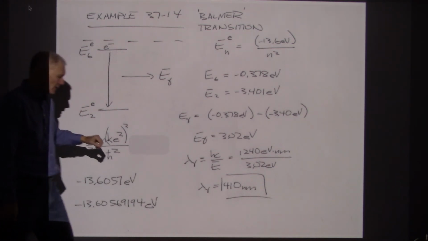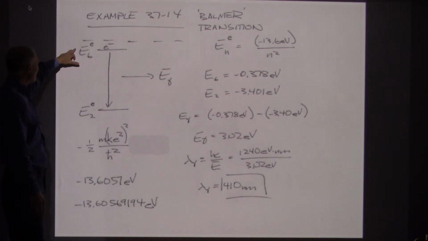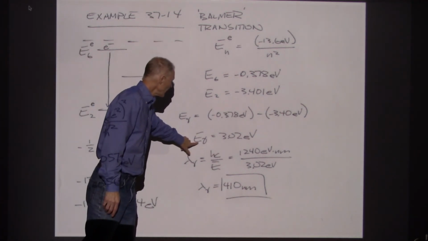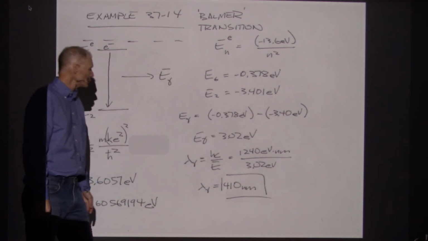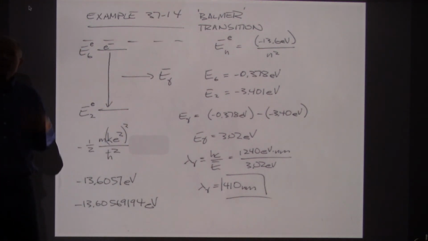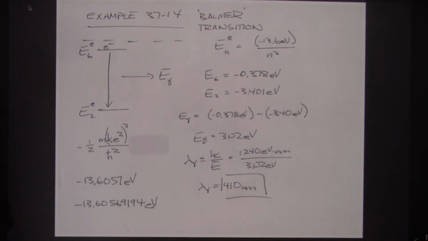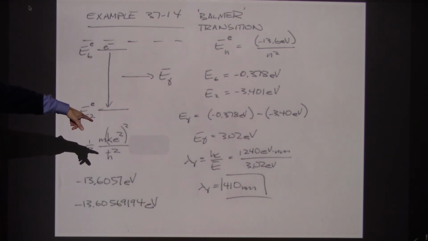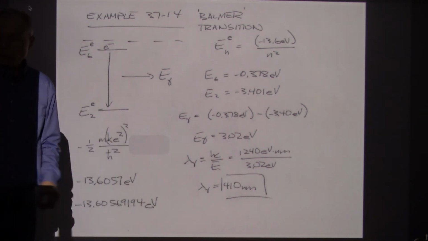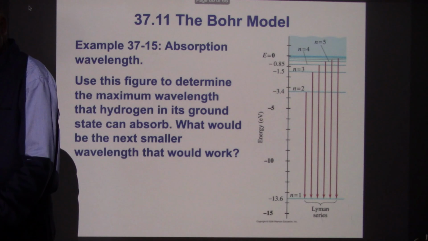And so the energy we get in this case from taking the higher energy quantum state, subtracting off the lower one, gives us a photon energy of 3.02, and it has a wavelength of 410. Now that is in the visible part of the spectrum. That's kind of in the blue region, 3.0 eV or 410 nanometers. We're using those same formulas of wavelength is equal to hc over energy.